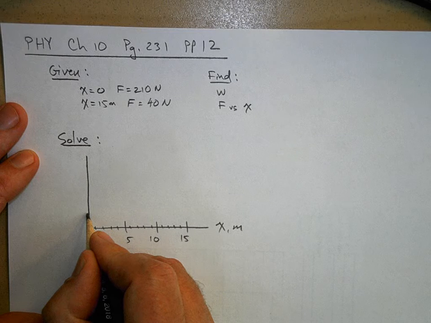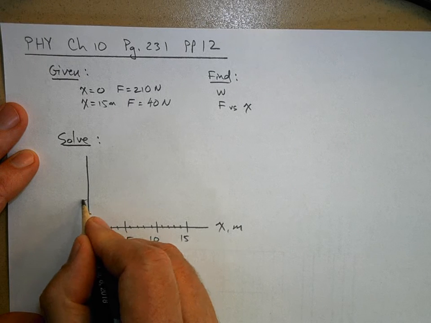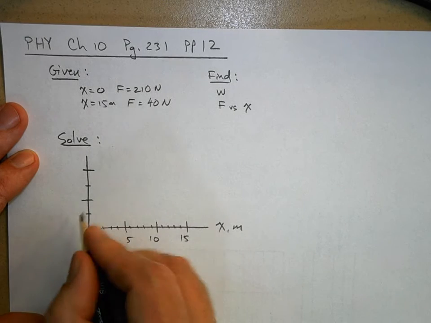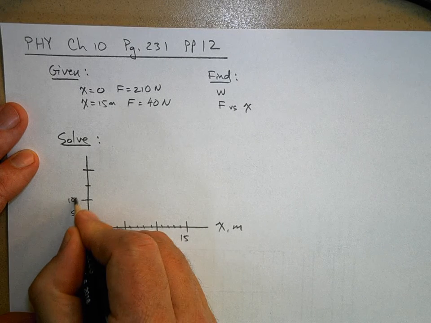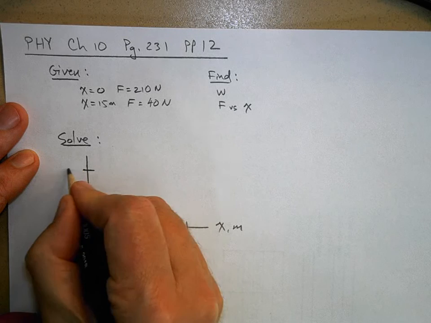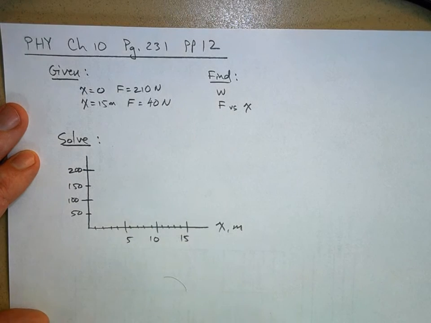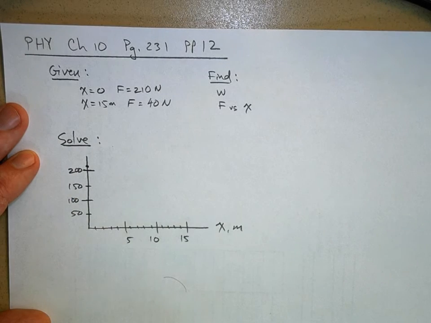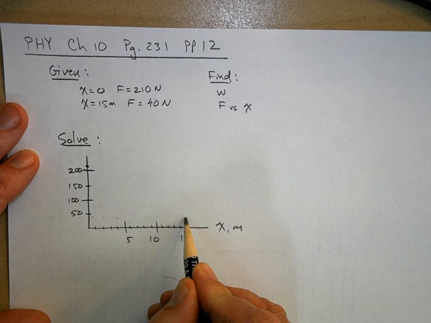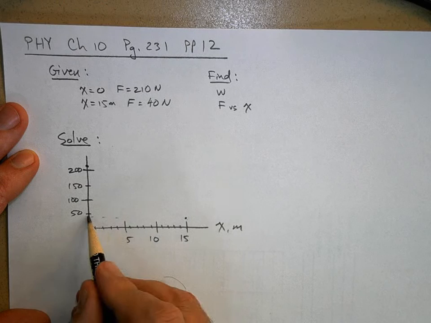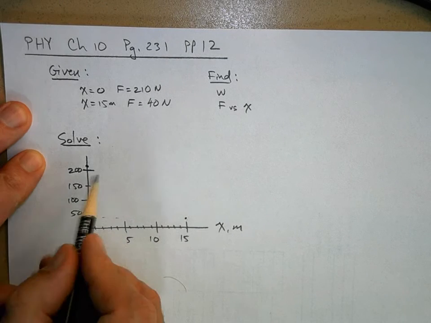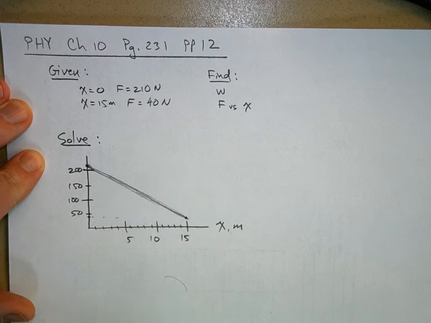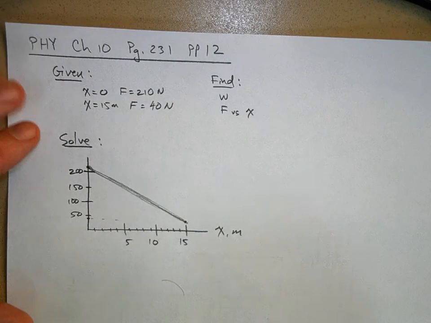So I'll go 50, 100, 150, 200. So it starts off going at 210, which would be right about there. And then at 15 meters, it's down to 40. So if you were to graph this, it would look like this. So that's what the graph needs to look like.